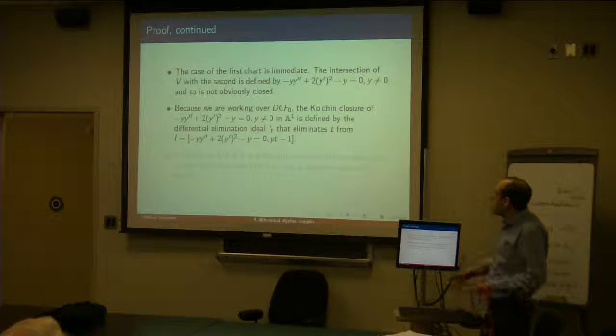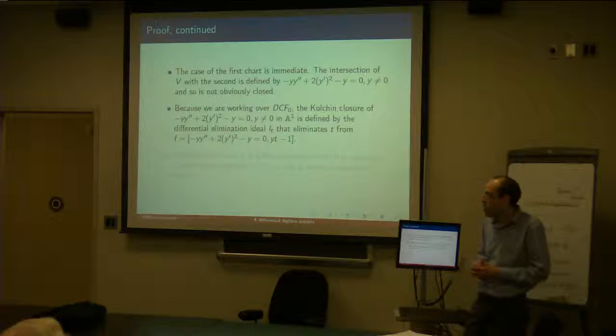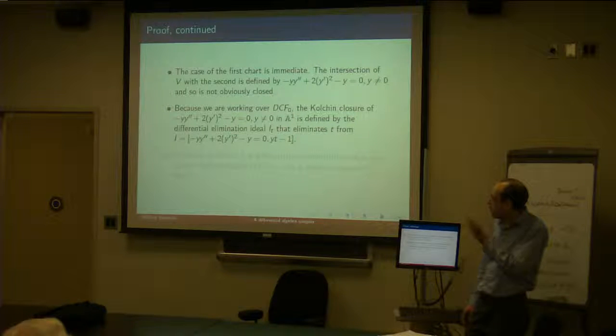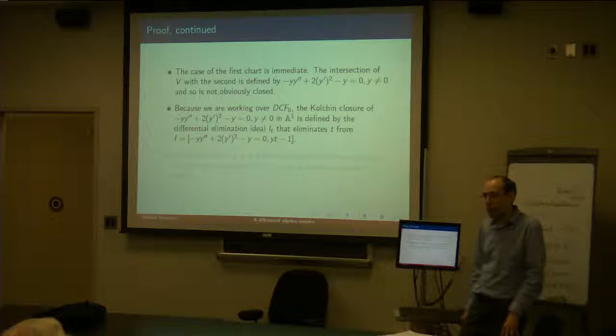We're working over a differentially closed field, and it works just the same as over algebraically closed fields: if you have a projection and you look at the elimination ideal of all polynomials that vanish on the variety that don't contain the variable that you've eliminated, that defines the closure of the projection.